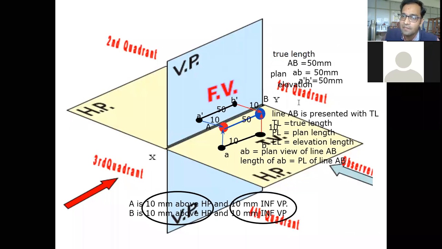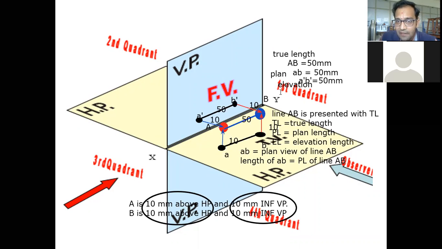Means the line's projections are also representing true length of line. और ये कब होता है? जब लाइन HP VP दोनों से पैरेलल है तब. कहां से पता चला कि लाइन AB HP VP से पैरेलल है? By observing the distances from HP and VP. Is it clear? I hope you are able to understand this one.